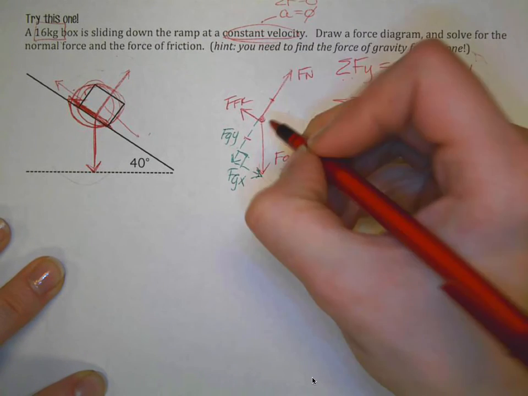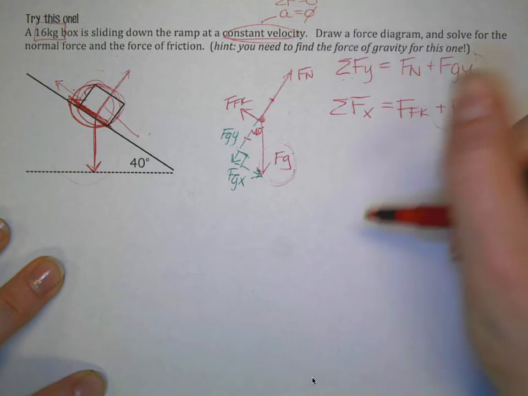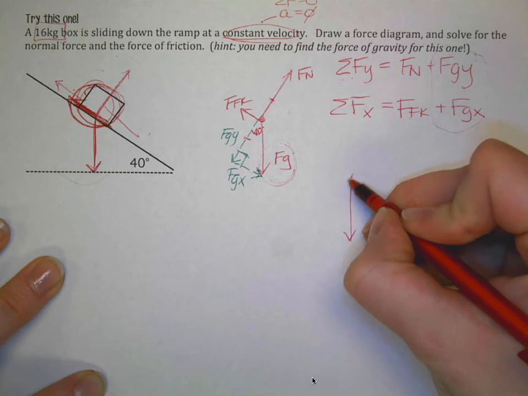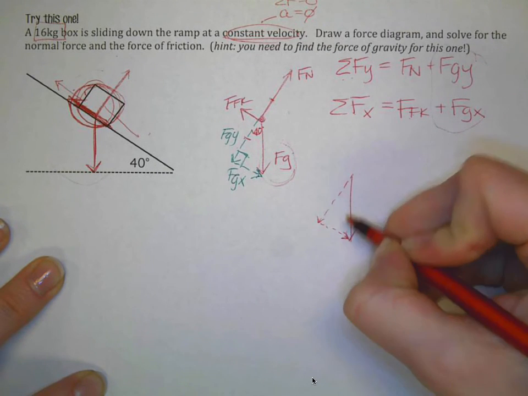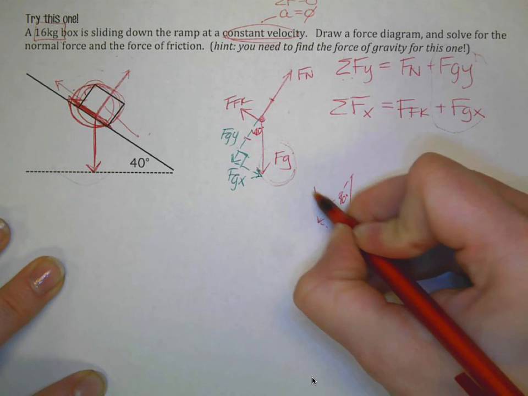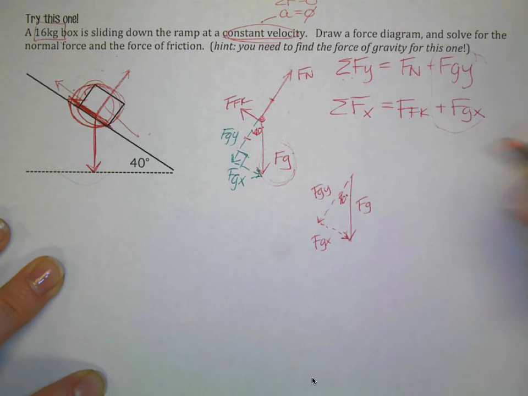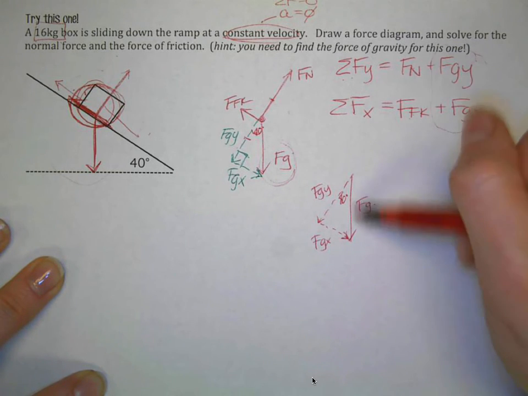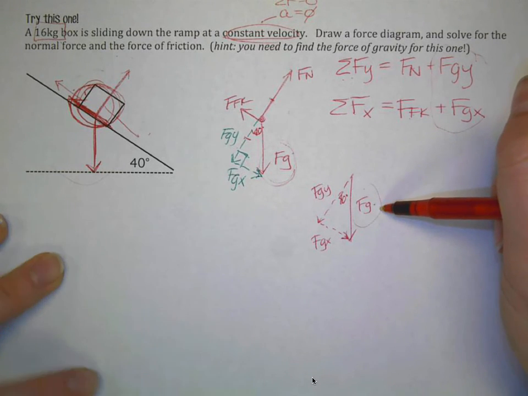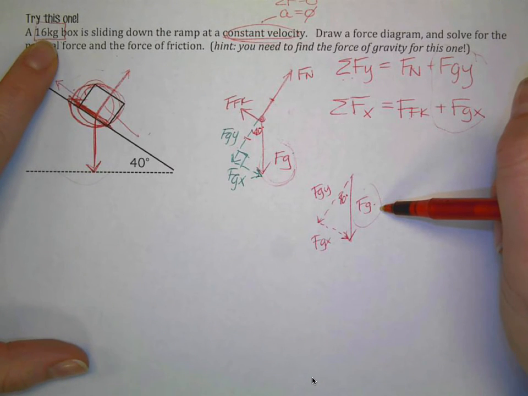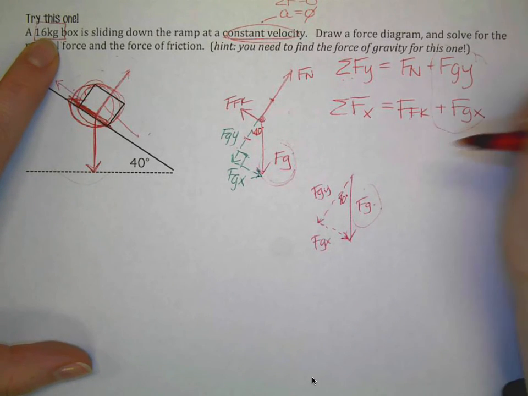So, looking at our triangle again, we know this is 40 degrees. I tend to redraw that triangle just to help myself visualize it. And we go through it and we say, oh, our hypotenuse, it's not 16 kilograms. That's the mass, so we need to find Fg.